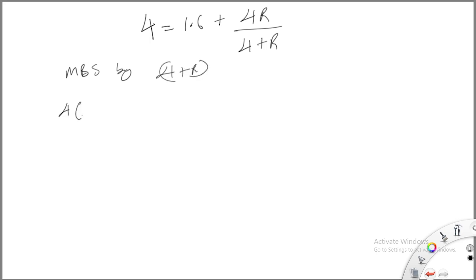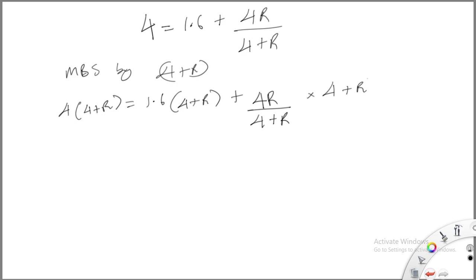When we do that, what do we have? We would have 4 times 4 plus R here is equal to 1.6 times 4 plus R, plus 4R over 4 plus R times 4 plus R, where this cancels with this, and this would be 4 times 4 plus R is equal to 1.6 times 4 plus R, plus 4R.